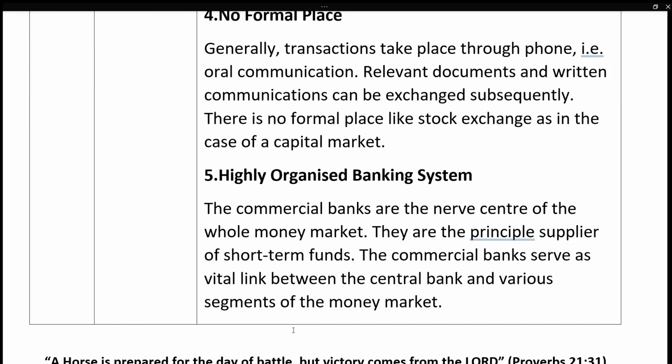Segments of money market here refer to the treasury bill market, commercial bill market, like that. There are different segment markets. So it connects on one side the central bank, and on the other side the different segments of the money market.